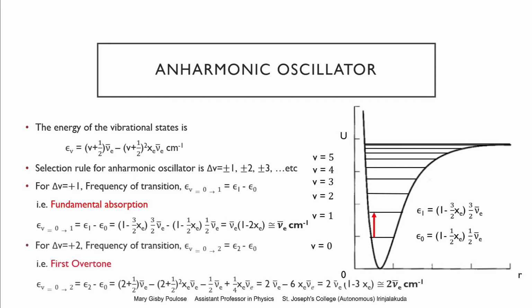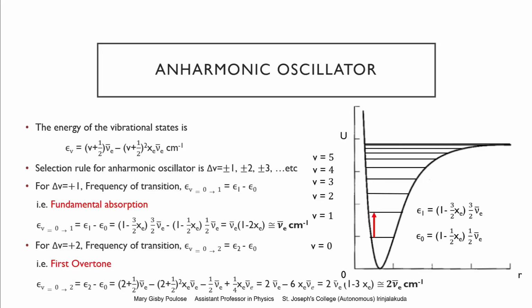Now for delta V is equal to plus 2. Now the frequency of transition will be eta V equals 0 to 2. That is obtained by taking the difference of eta 2 minus eta naught. This frequency is called the first overtone line. So eta 2 is obtained by substituting V equals 2 in all the places for V. That is 2 plus half nu E bar minus 2 plus half square Xe nu E bar minus half nu E bar plus 1 by 4 Xe nu E bar.